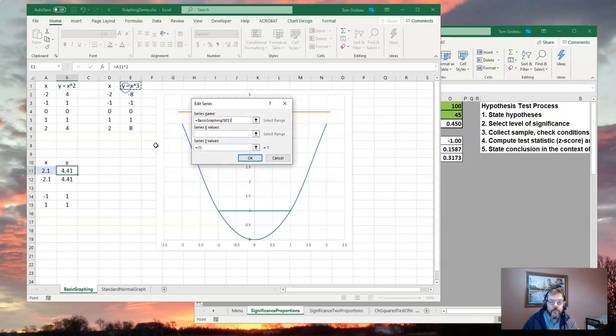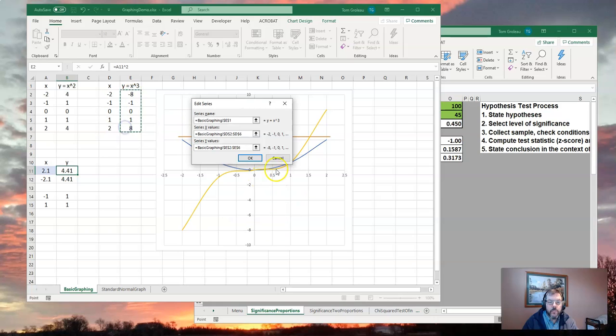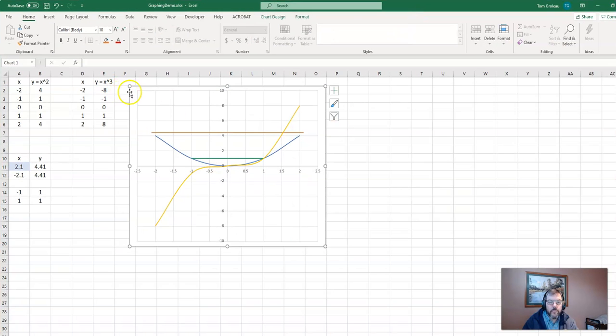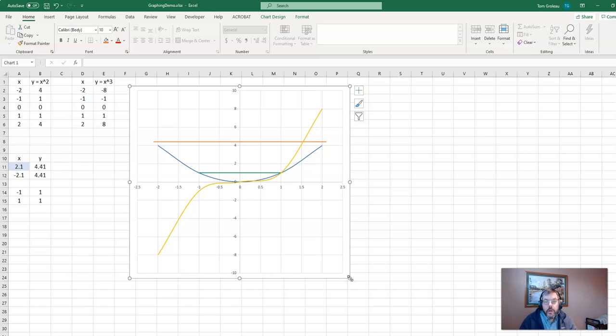I can put a different mathematical function on, and get all kinds of interesting things that I might want to get. Notice it was auto scaling, and how much you want to draw is up to you.